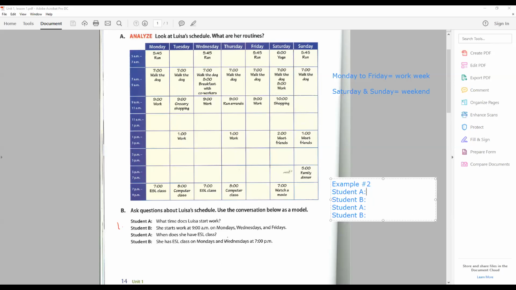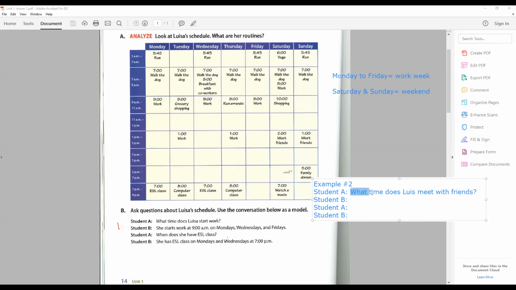Okay, let's look at, one of our examples can be, what time does Lisa meet with friends? Okay, so what time does Lisa meet with friends? If you look at her schedule, she meets with friends on Saturday and Sunday.